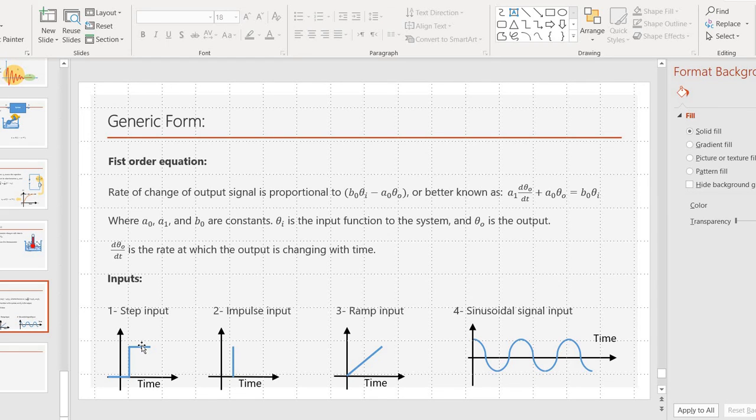And then an impulse input is another kind of input where in a very short period of time, we have a sudden input to the system. And the ramp input, as you see, is a linear and continuously increasing type of input. And then we have a sinusoidal signal input, as you can see in this picture.